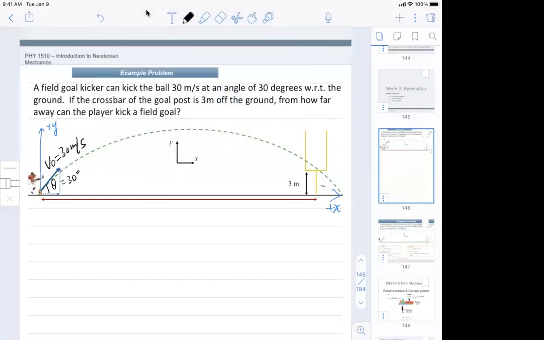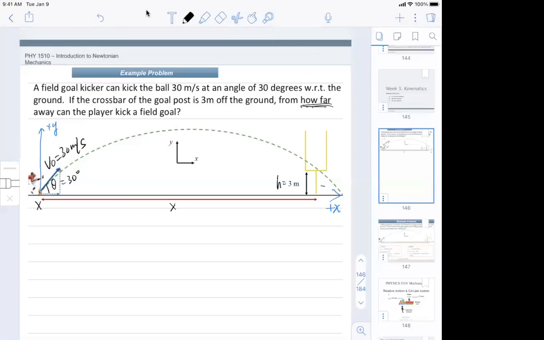What else do we know? We also know that it crosses over the other side of the field at 3 meters, so over here. This height is 3 meters, and we're wondering how far away it is. How far away is asking for the x direction. So we want to know what this x is in terms of distance.